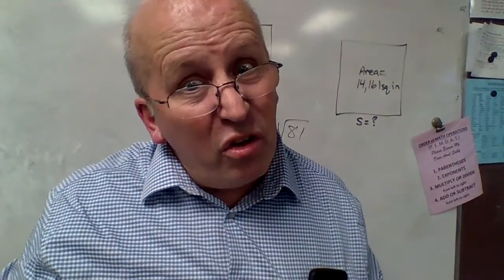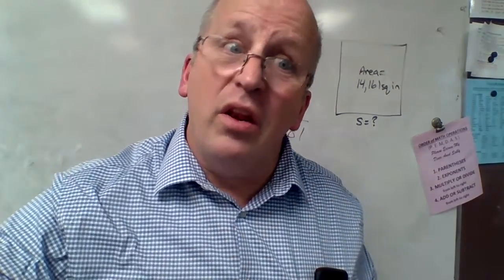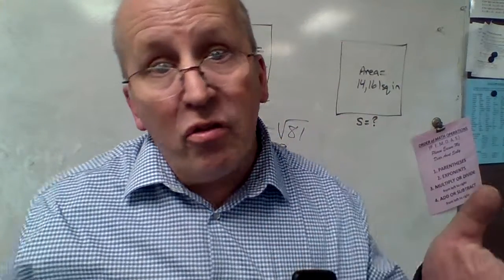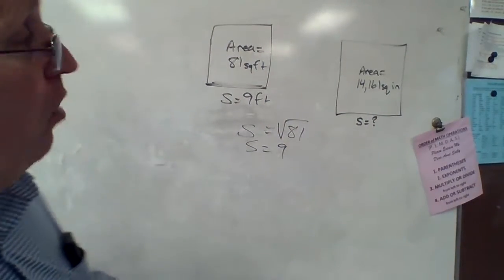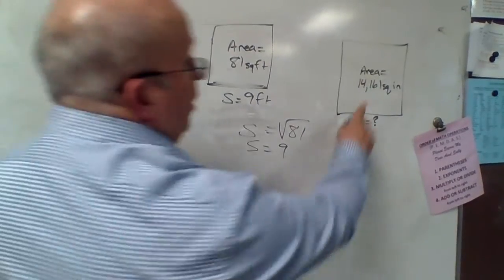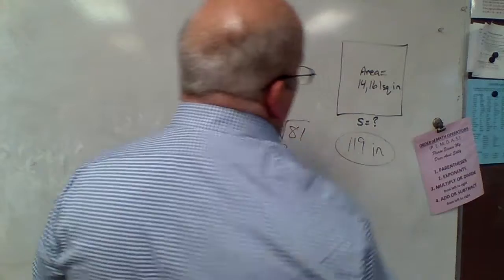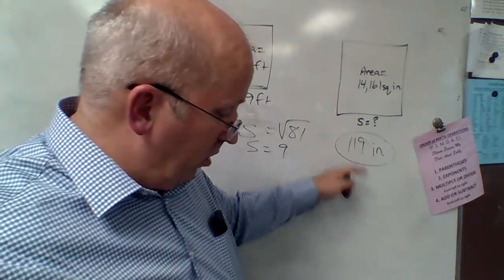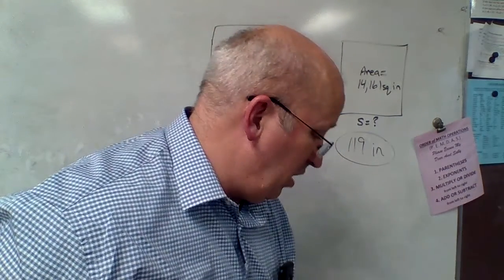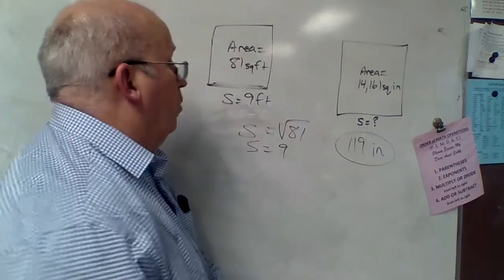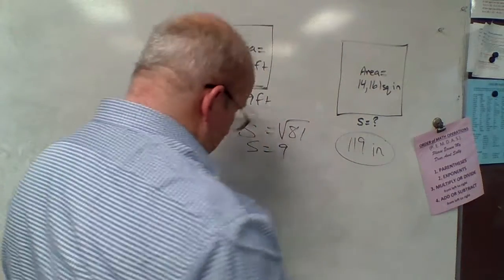But on other calculators, sometimes they have you push in the number first, 14,161, and then the square root button. You're just going to have to play around with your calculator to decide which one is which. But ultimately, the answer to this problem is 119 inches, because 119 times 119 is 14,161. So that's that one.